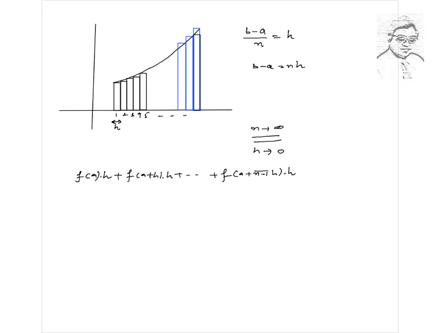The absolute right side rectangle is f of b into h. Then f of b minus h into h. Right? The area that we want will lie between these two. Isn't it?